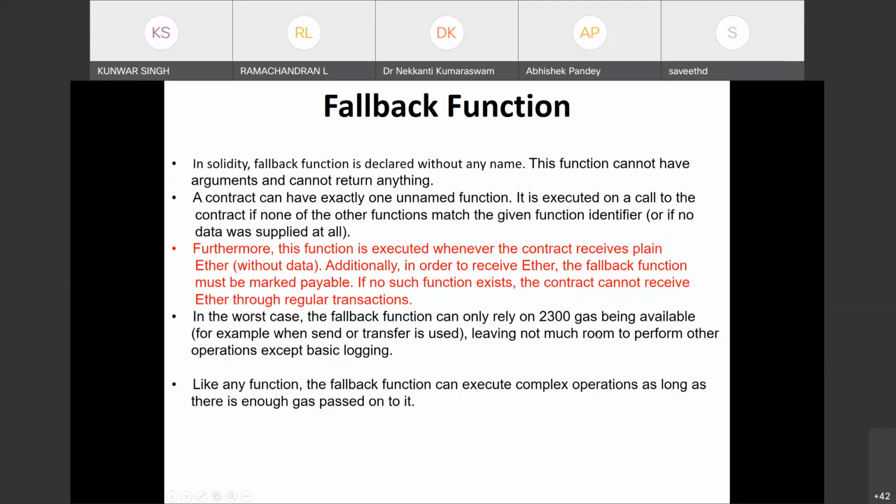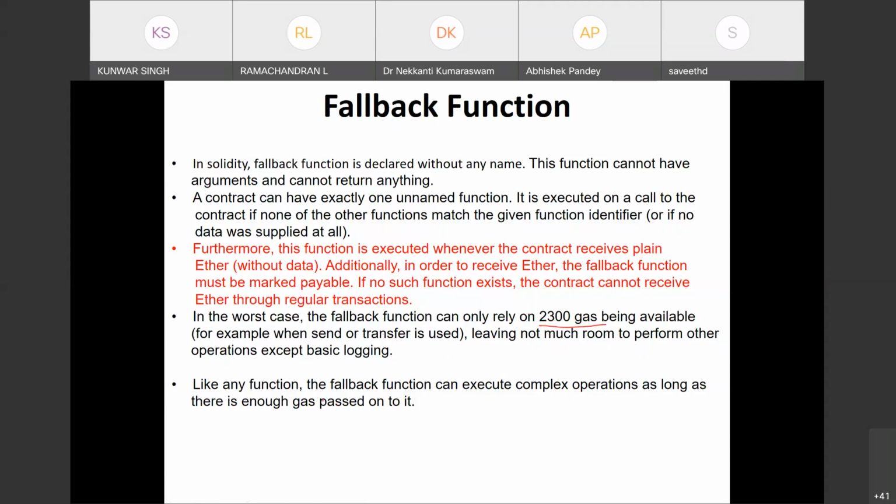So if you want to execute this fallback function, one has to keep 2300 gas, leaving not much room to perform other operations, only to receive the ether. If no other code is there inside the fallback function, then it requires a maximum of 2300 gas.